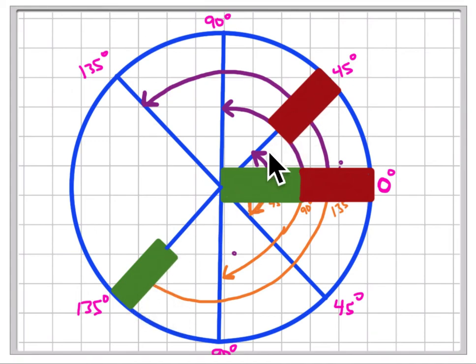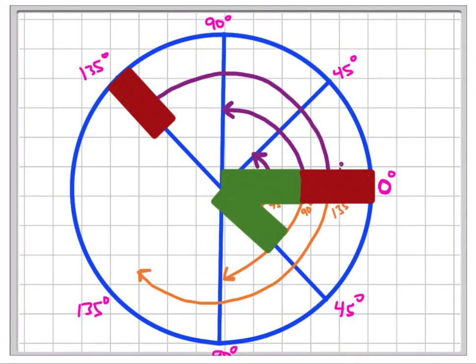So they are supplementary angles. They end up on the same line. Go back. This is 135 degrees counterclockwise and 45 degrees clockwise. And again, they end up on the same line. They are supplementary angles. So they end up across from each other on the same line.